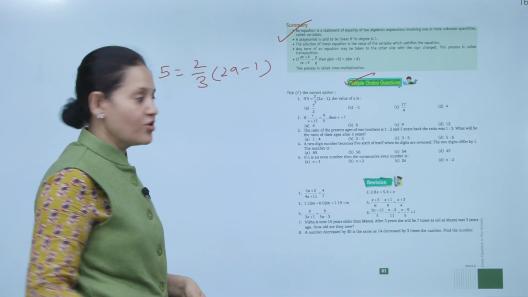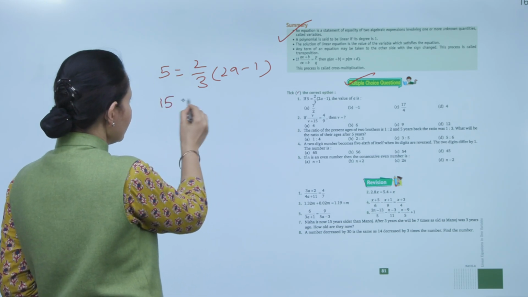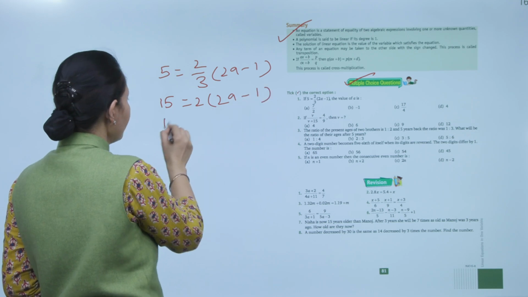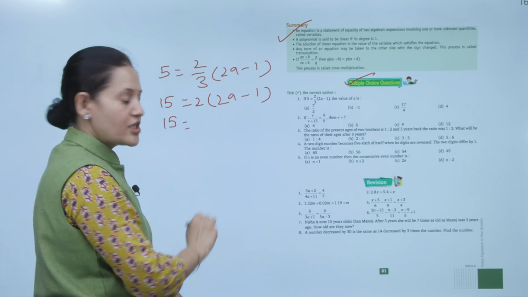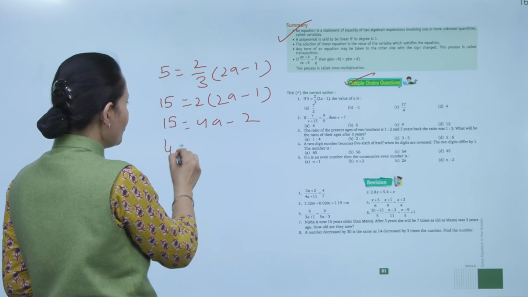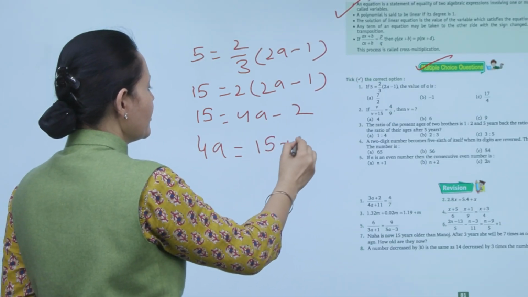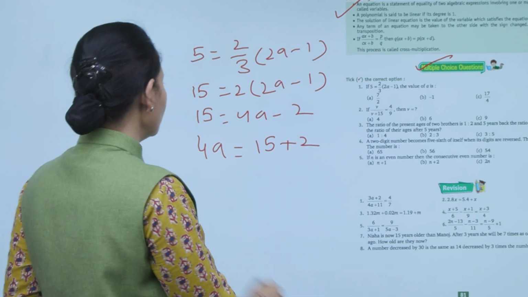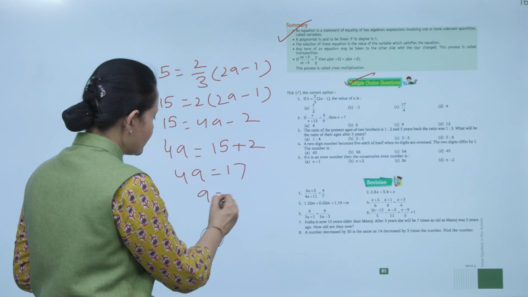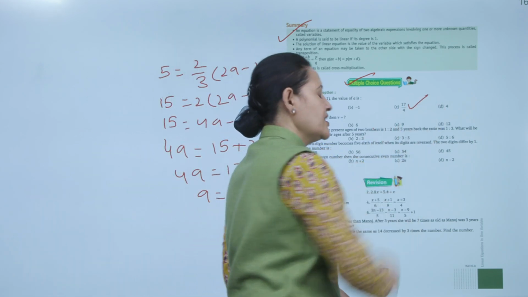So 5 3s are 15 हो जाएगा, equals 2 into (2a minus 1), 15 equals 4a minus 2. So 4a equals 15 plus 2. So 4a equals 17, a equals 17 upon 4. So C is the correct option here.